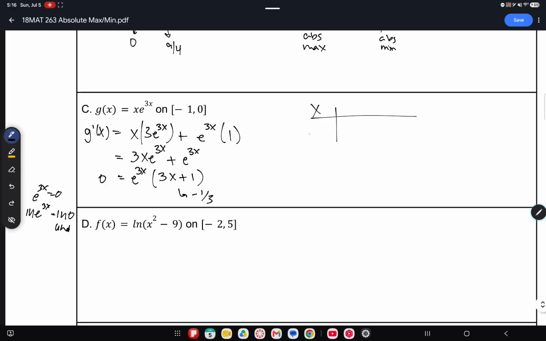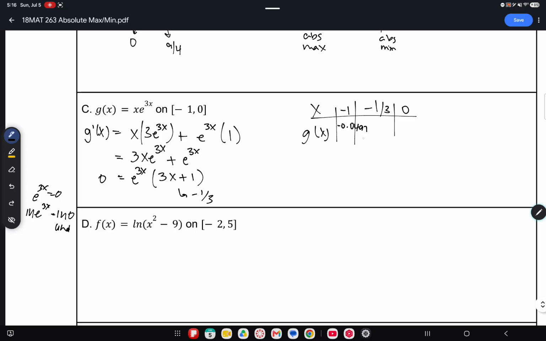So I can go, all right, x and then g of x. We want to test the endpoints as well as that critical number. So let me plug this in a calculator again. Our function is x e to the 3x, and we want to evaluate at negative 1. That's negative 0.0497.